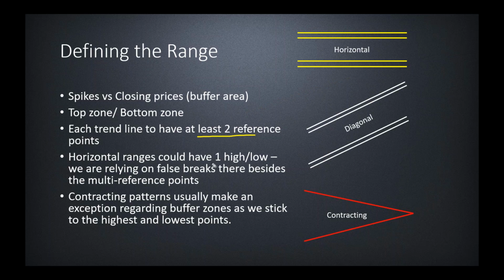Horizontal ranges could have one high or low, okay? And that means something like that. Okay, this is the high that I'm talking about, and then that. The idea here is simple. We're relying on false breaks, okay?